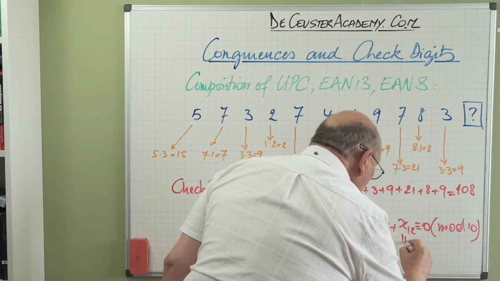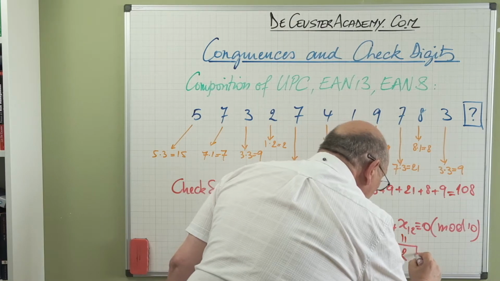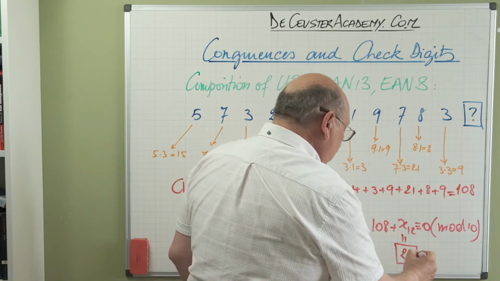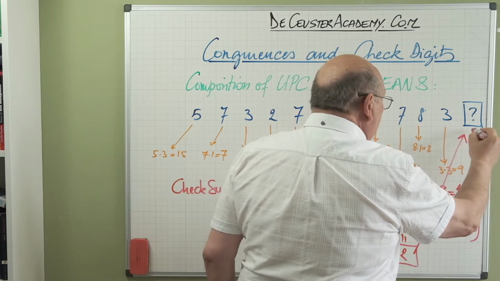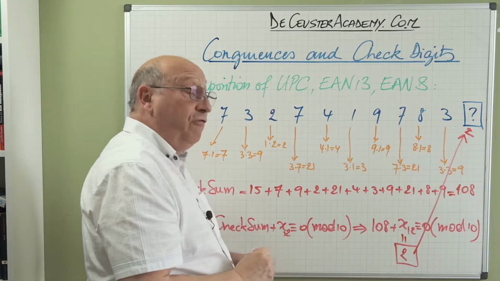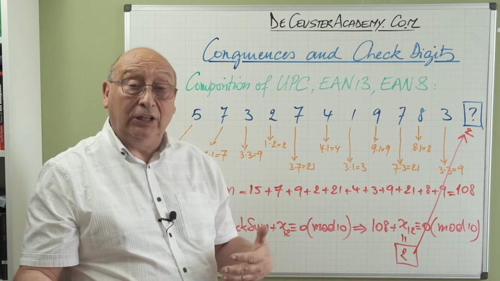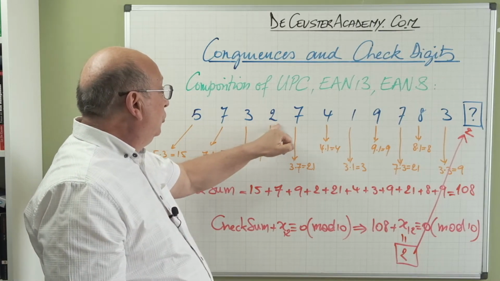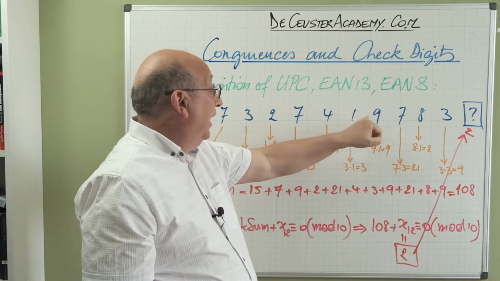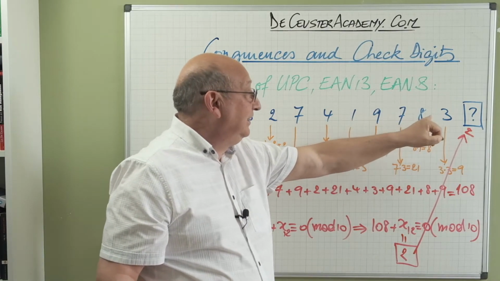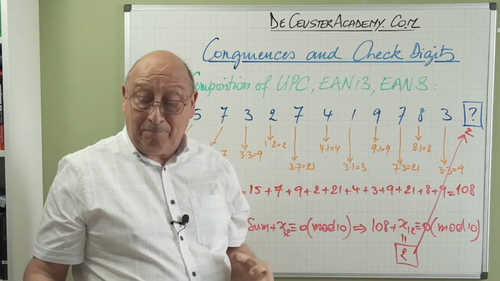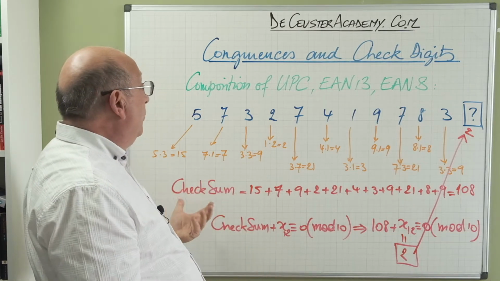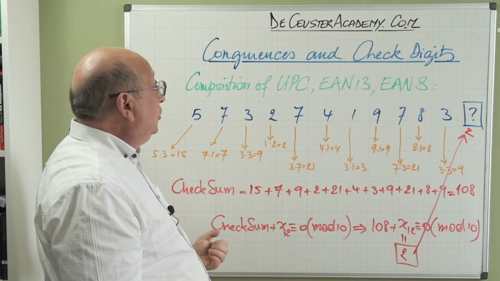So basically this is 2, and the check digit that we need to have here is 2. So the final number that we will code in the barcode is 57327419783 and 2. So that's the way we work with the UPC code.